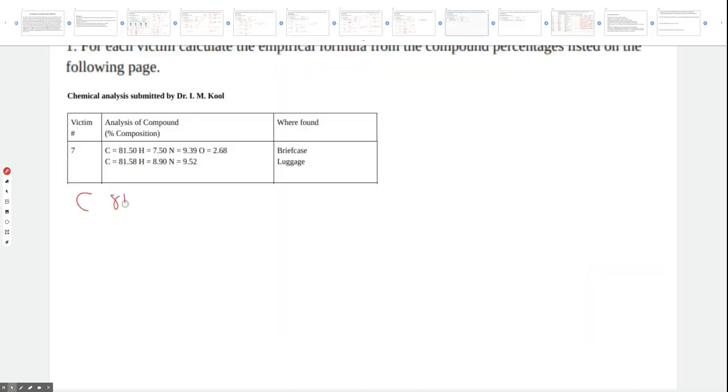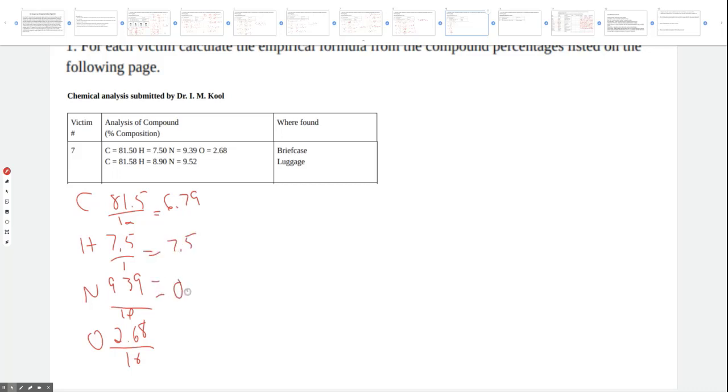First compound, 81.5 carbon, 7.5 hydrogen, 9.39 nitrogen, and that is also oxygen, 2.68. Divide by molar masses. We get 6.79, 7.5, 0.67, and 0.17.